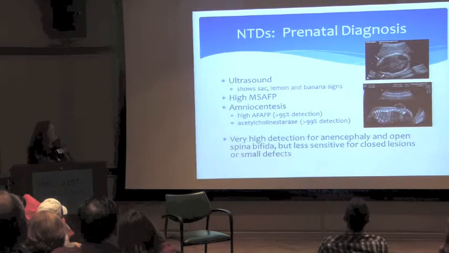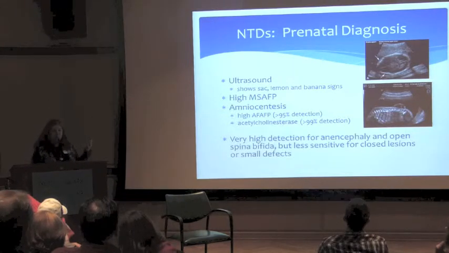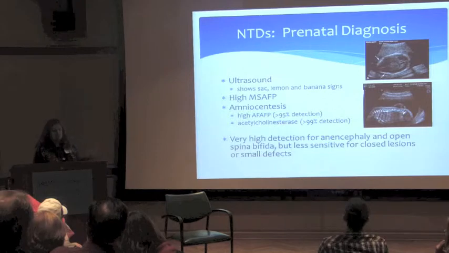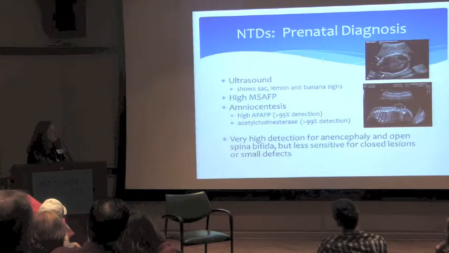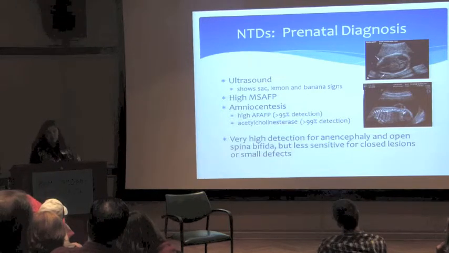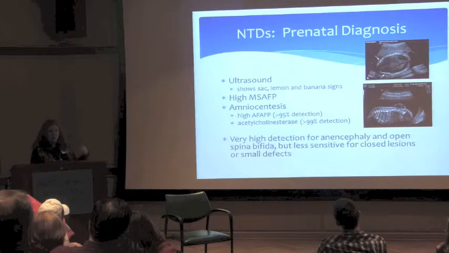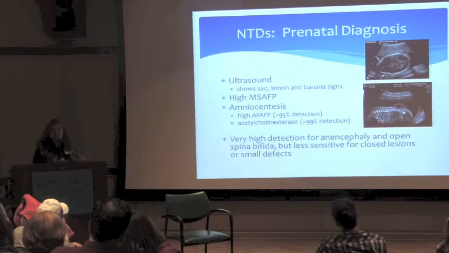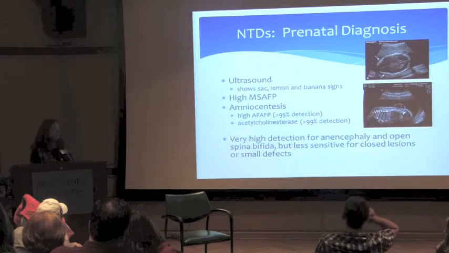But just briefly, we know from ultrasounds, many times we are able to detect spina bifida, either because of the shape of the baby's skull, or because we see the enlarged ventricles, or because we see a sac on the baby's back.